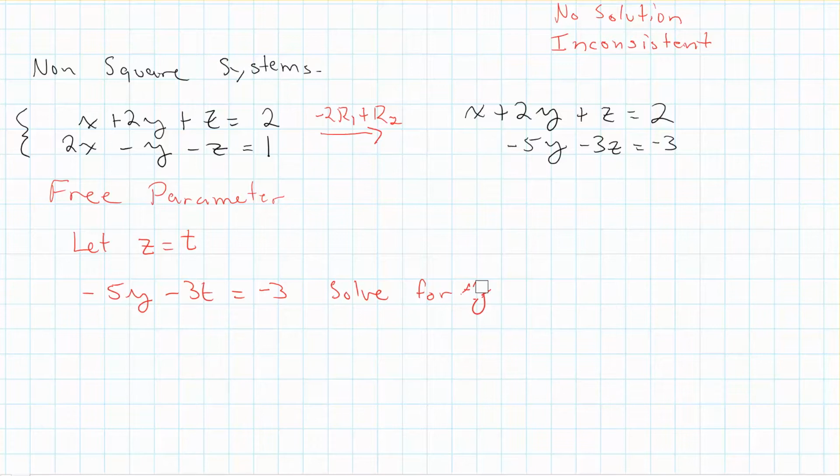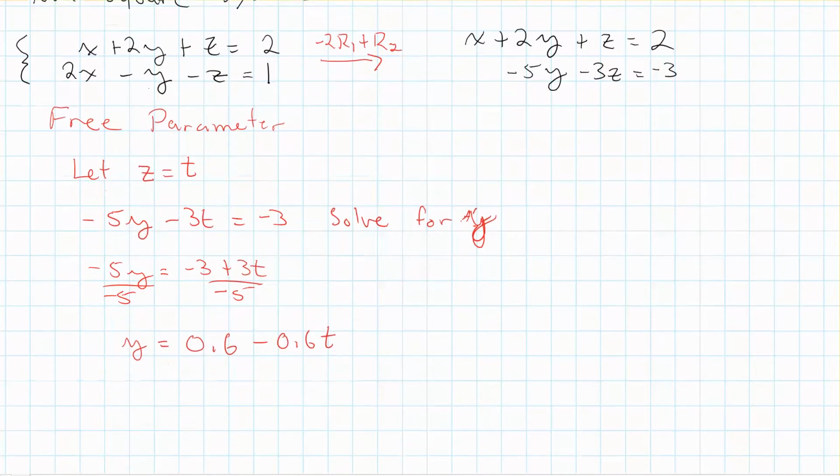T is the parameter. So we'd have -5y is equal to -3 plus 3t. Then I'm going to divide by -5. I'll go ahead and put this down as a decimal, because dividing by -5 gives you clean decimals. So -3 divided by -5 is 0.6. And then I'd have minus 0.6t. So that's what y is.